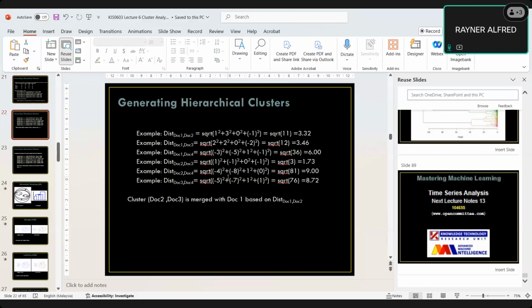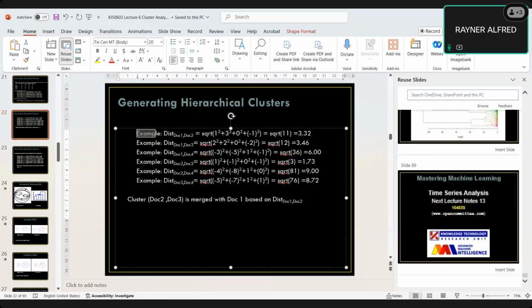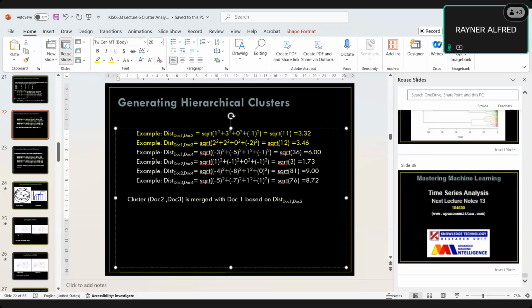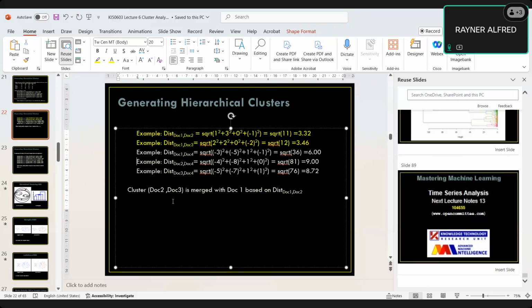Okay. So now we have combined 2 and 3. So we don't have to use this one anymore. And then document 4 to document 3.